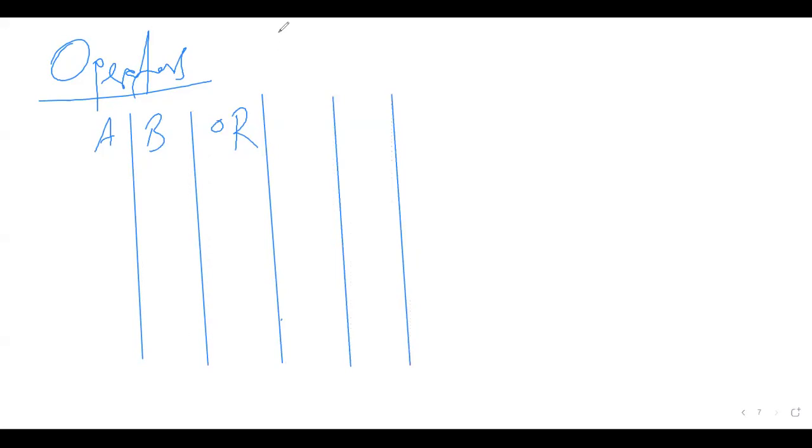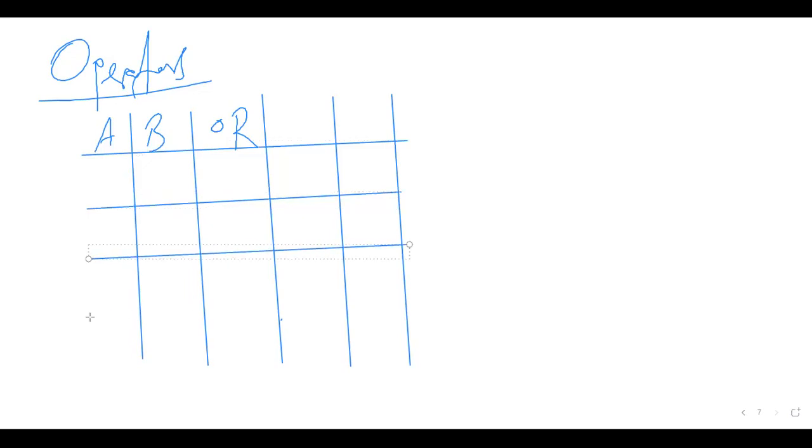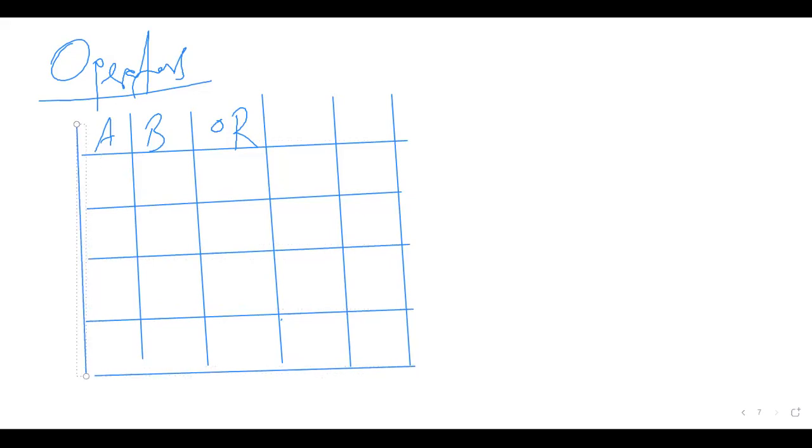So we have our operators: one, two, three, four. Notice the way I'm putting in the variables.